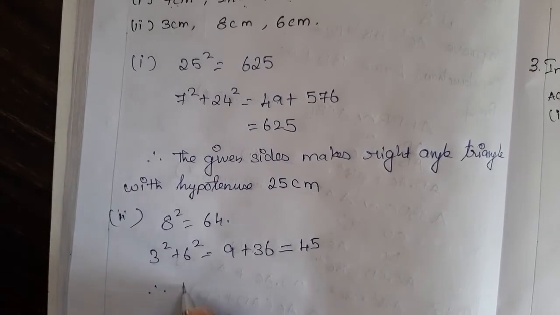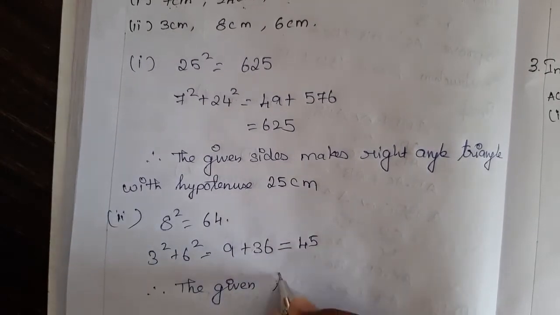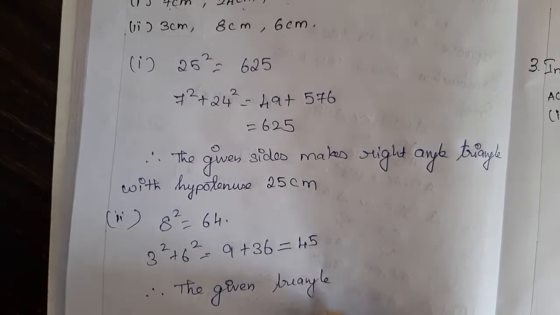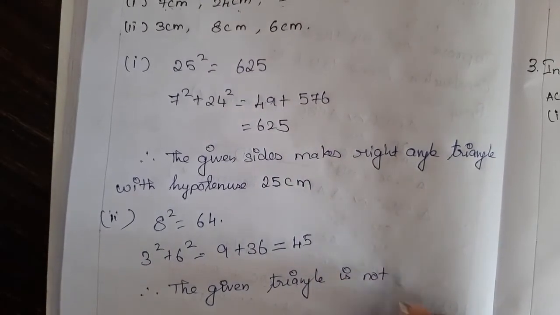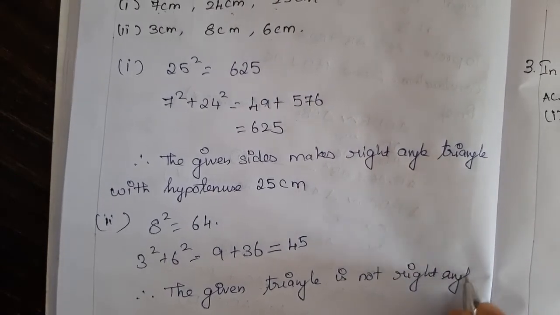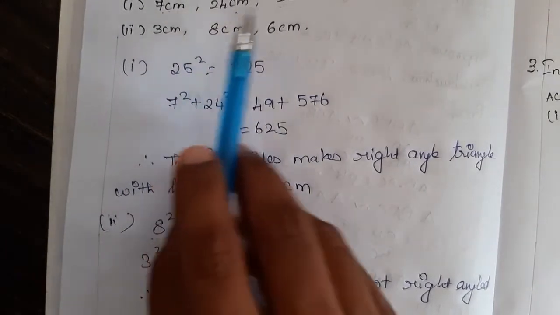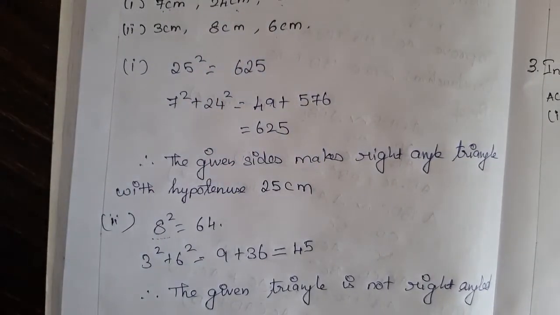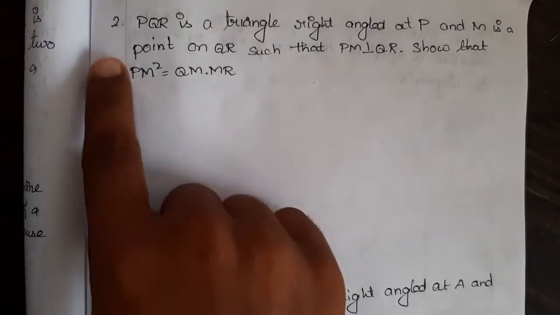Therefore, the given triangle is not a right angled triangle, right? So always choose the bigger number as the hypotenuse. So here we go for the next problem.